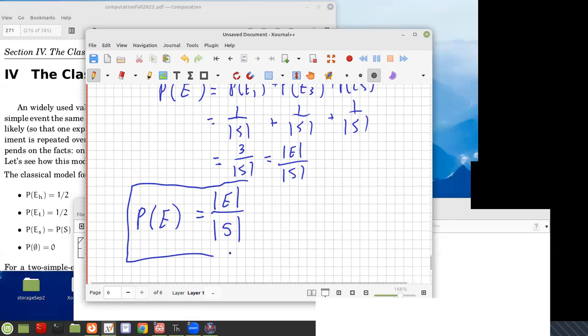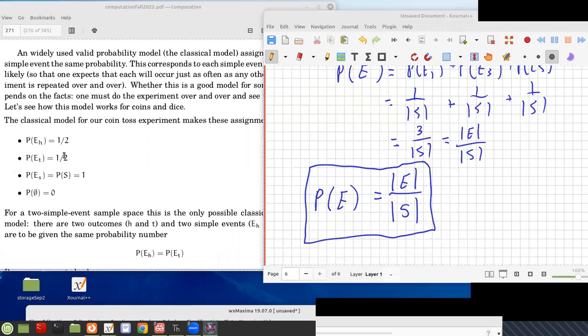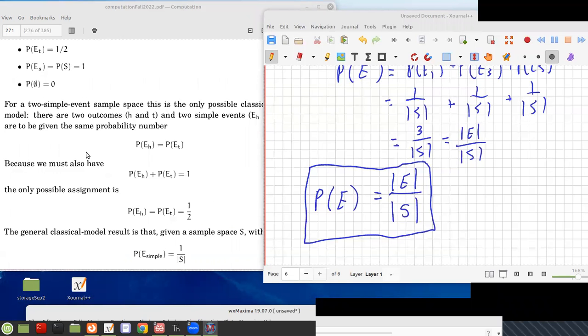This rule produces the classical probability model, and it produces all the normal situations that you think of. For example, if I have just a coin toss, the probability of heads has to equal the probability of tails. They both have to equal 1/2. And so that's what's going on with that.